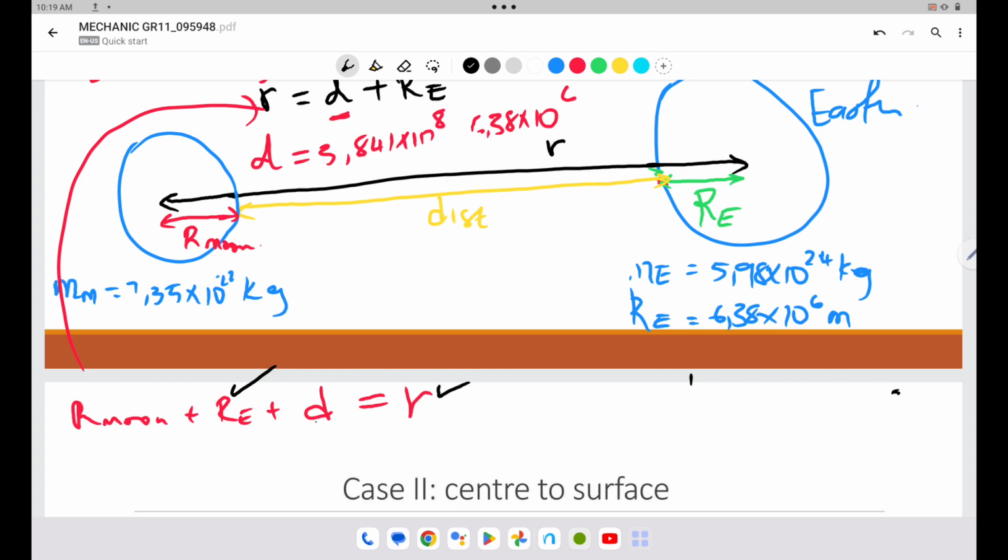This, we get it from the data sheet at the back of the question paper, and the examiner would have to provide us with the radius of the moon. And that type of problem, I would consider it as a surface to surface. Please remember to draw your diagrams because they are the ones that make it easy to solve the problem.